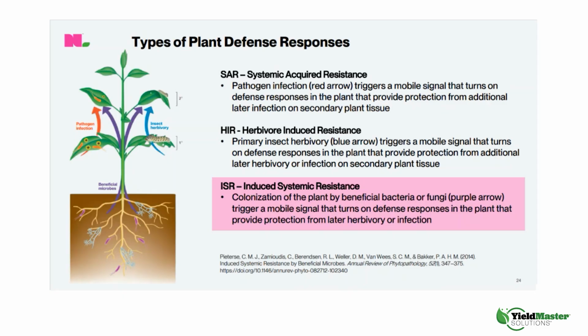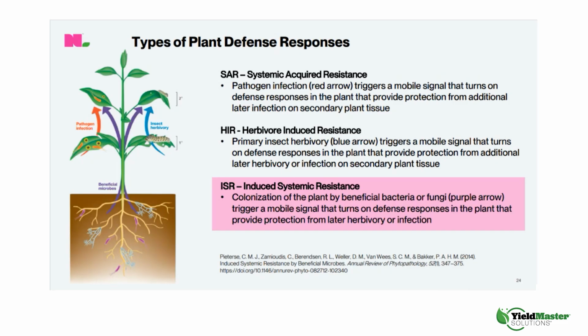The plant is all of a sudden like, oh, I've got to do something about this, but there's a lag period in there, and I'll show that in a minute. So that's systemic, because there has to be an infection before it responds. The herbivore-induced resistance is kind of the same thing, but that's where we're actually losing tissue, whether it be to insects, deer, anything like that.